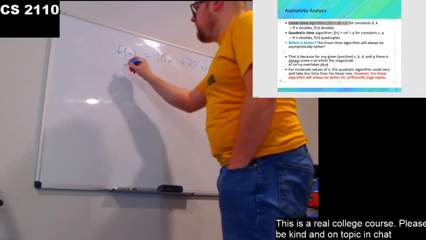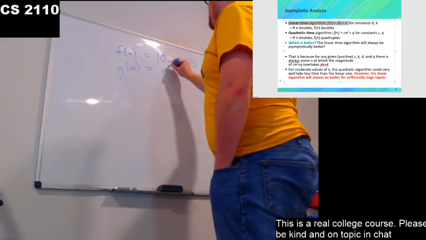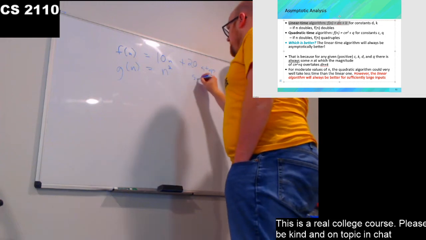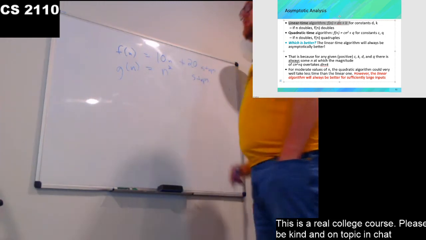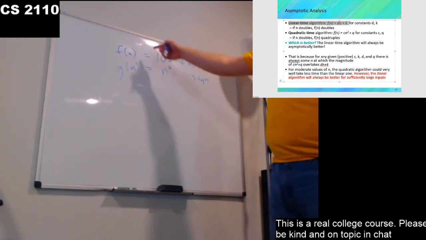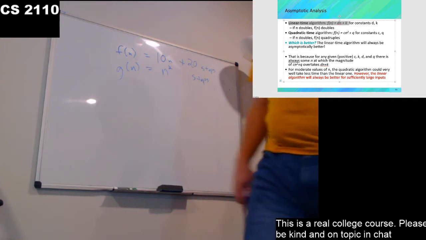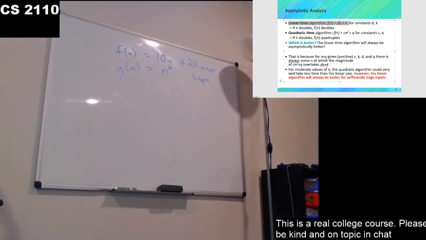And the second algorithm, g of n, takes n squared steps. Which of these is better? F of n or g of n? Which is better, f of n or g of n, based on what I've been talking about?